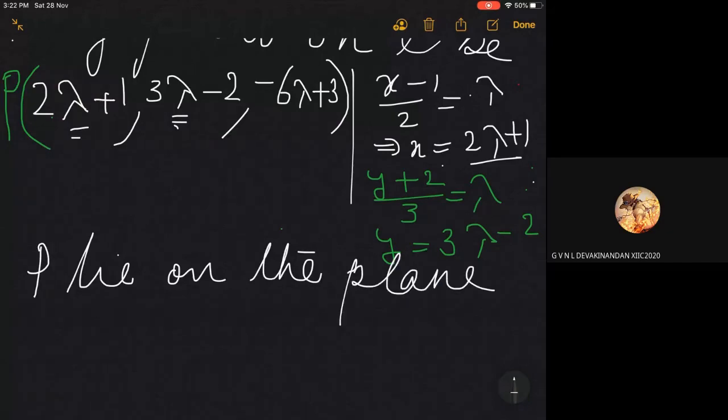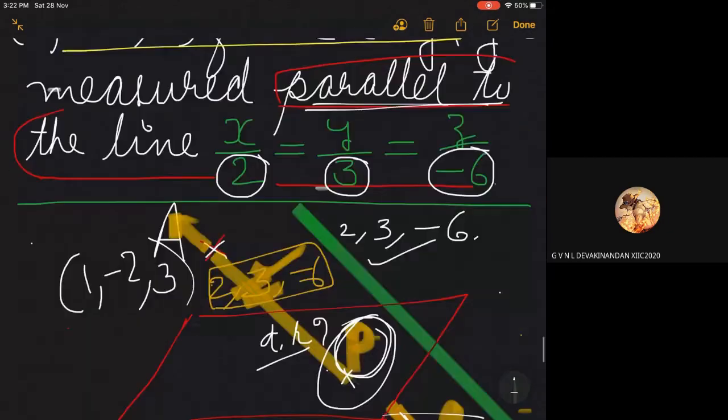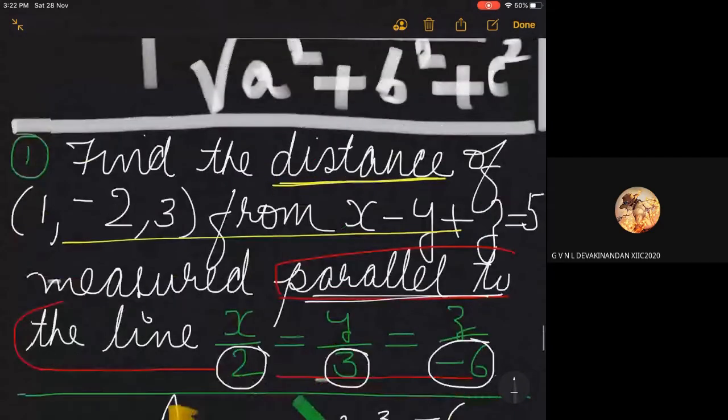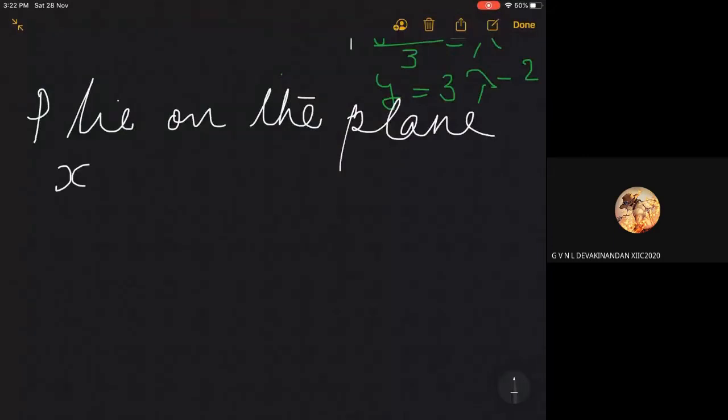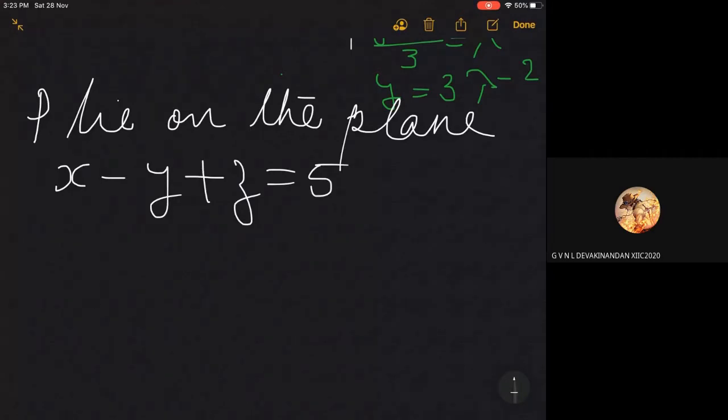What is the equation of the plane? We have the equation of the plane as x minus y plus z equal to 5. If P is a point on the plane, the coordinates of P are a solution of the equation of the plane. Any point on the curve is a solution to the equation of the curve.